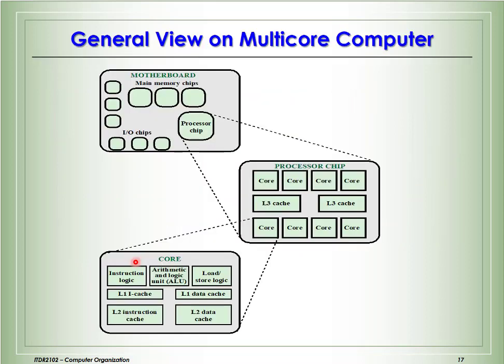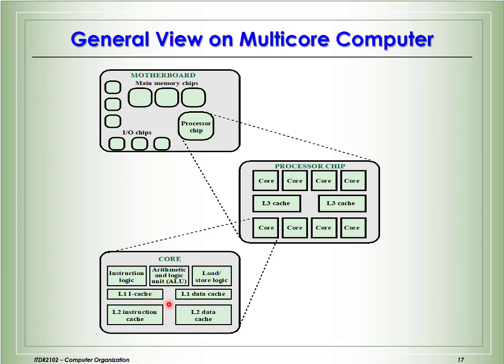Now here you can see a view of a multi-core computer. You see the motherboard. In the motherboard, we have one processor chip. On that single chip, you can see multiple cores, and each core has basically independent instruction logic, arithmetic logic unit, load store logic, and then we have two levels of cache memory.